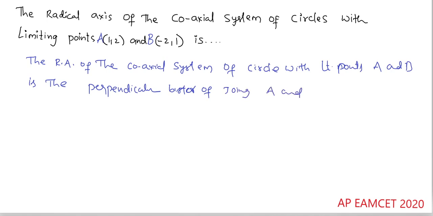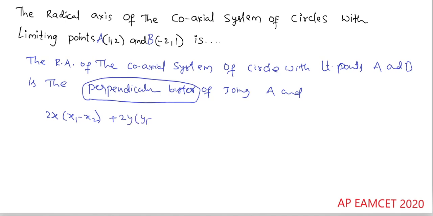Now we find the perpendicular bisector equation. We know that the perpendicular bisector equation, this is the direct shortcut formula, is 2x(x1 - x2) + 2y(y1 - y2) = x1 square + y1 square - x2 square - y2 square.